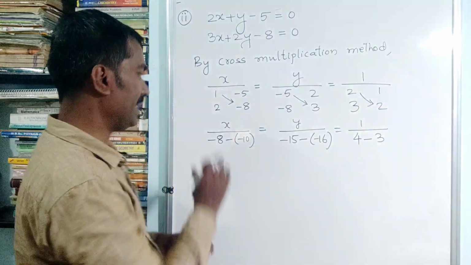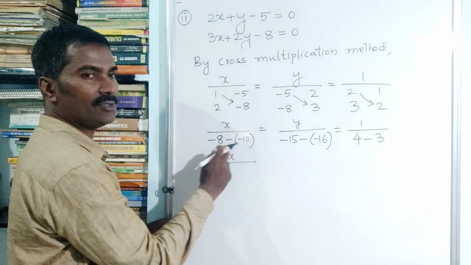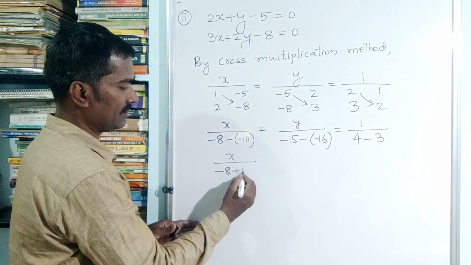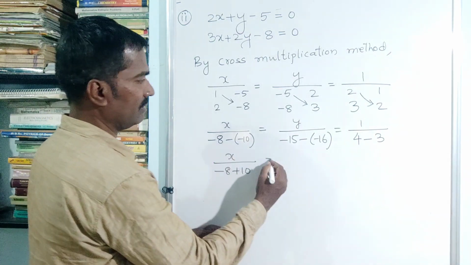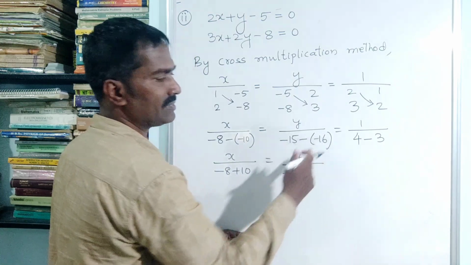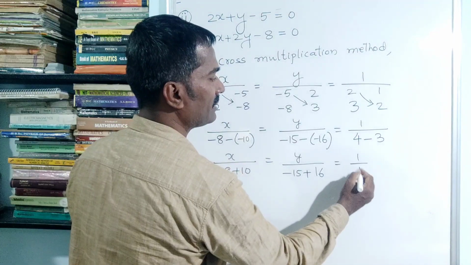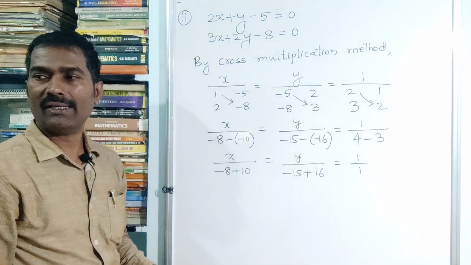Yes. Okay. Next step. x divided by minus 8 minus into minus plus 10. y divided by minus 15 minus into minus plus 16 is equal to 1 divided by 4 minus 3. 1 divided by 1 is 1.